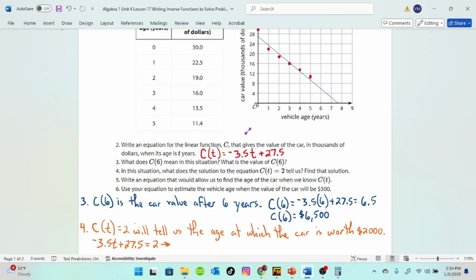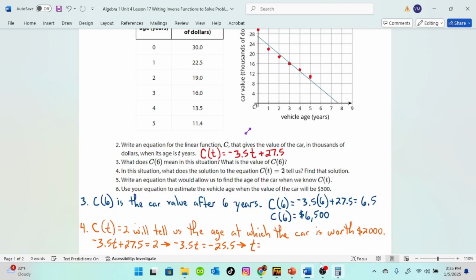First, we would subtract 27.5 from each side, and that would give us negative 3.5t equals negative 25.5. Next, we would divide both sides by negative 3.5.